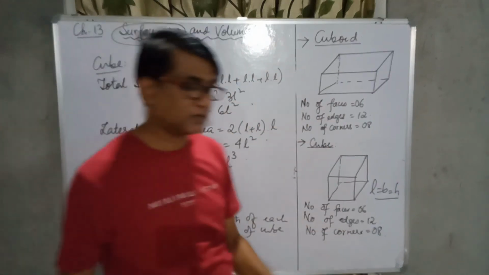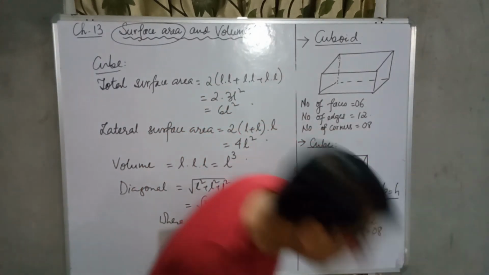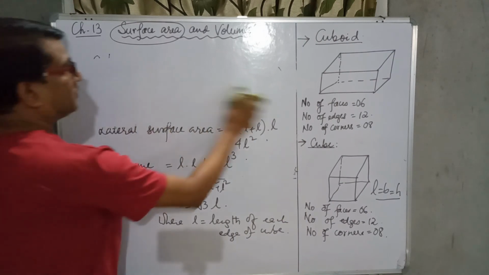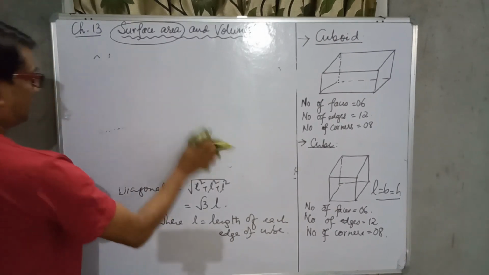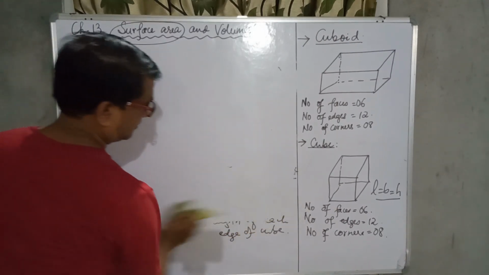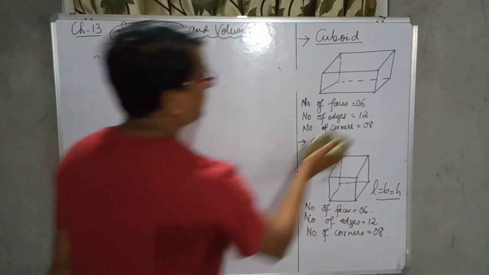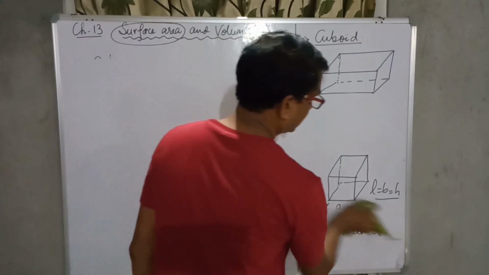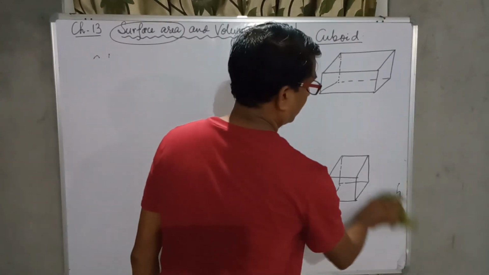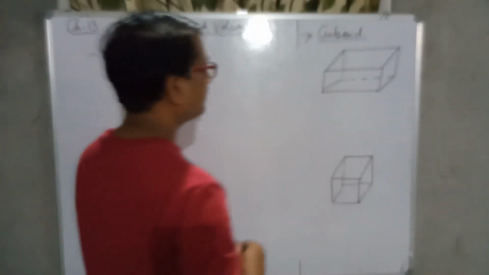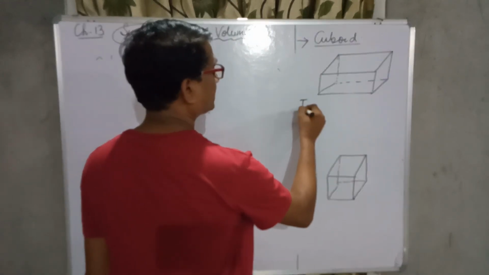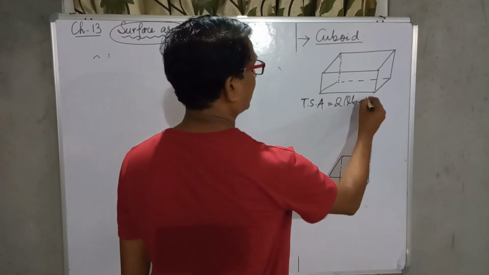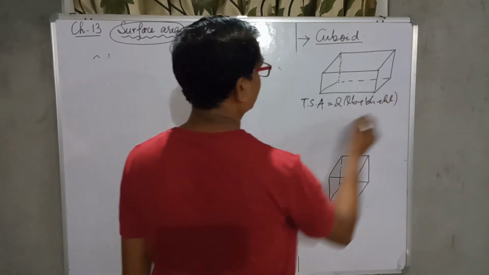Let us see some questions. So this formula you have to keep in mind. Some questions related to these formulae. So here we can remember this one: total surface area is equal to 2 into (LB plus BH plus HL).